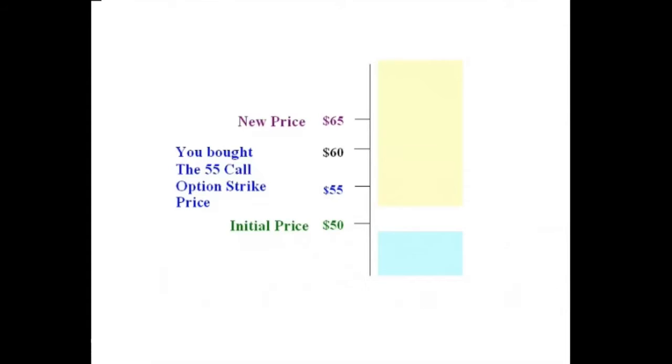You could exercise the option and buy the stock for $55 even though the current market price is $65 per share, or you could sell the $55 call option for a higher price than what you purchased it for, with profits going from anywhere from 10 to 300% every 10 days or less because of the new appreciated market price.